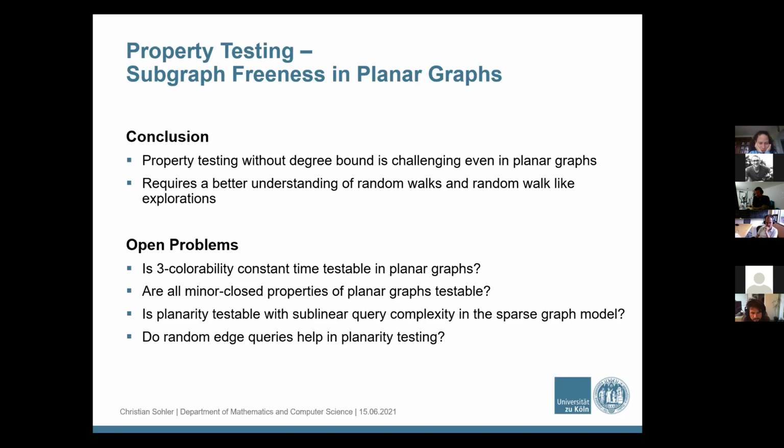But then one can also ask whether random edge queries help in planarity testing, because random edge queries would allow to quickly determine whether a graph has such a small clique.